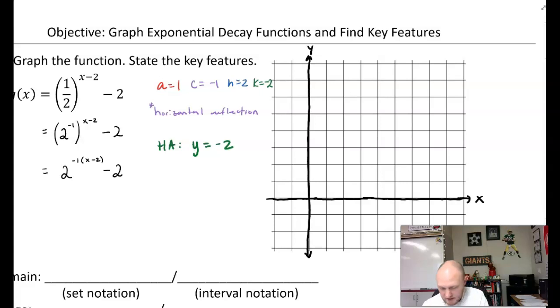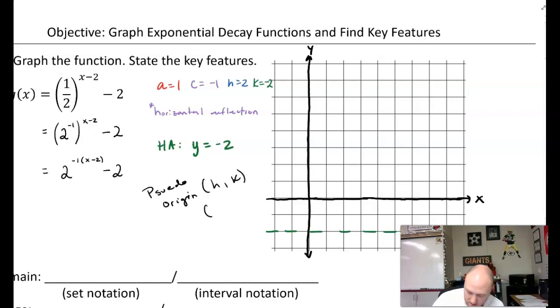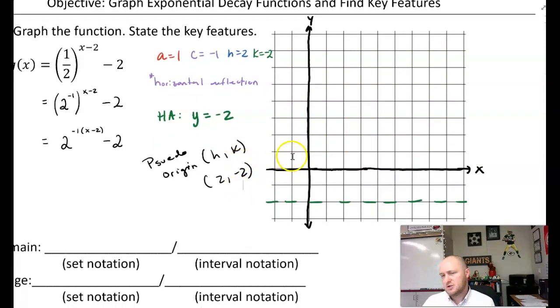Here's our y, and then our horizontal asymptote down 2. I've got my asymptote, and then I'm going to graph my pseudo-origin. This is just h comma k. I'm going to build the translations into everything I do when I graph my other points, and then I don't have to reflect and then translate a whole bunch of points. I can just do the translation once. So my pseudo-origin is at 2, -2.